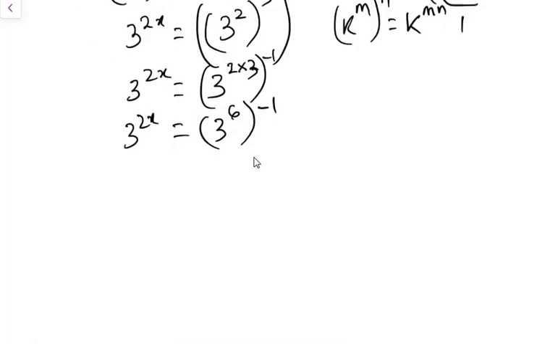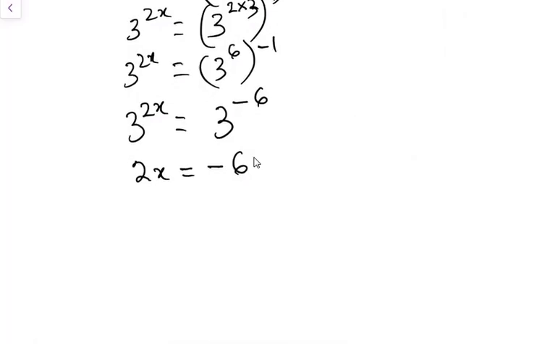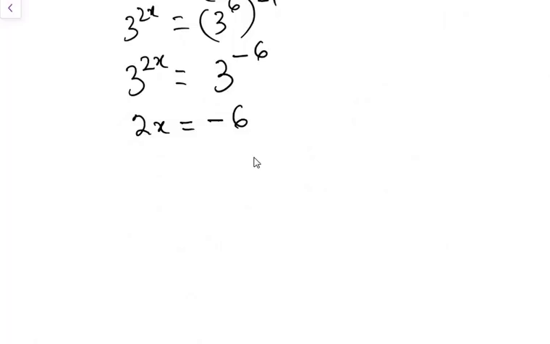We don't want to forget the minus 1. So 3 raised to the power 2x equals to 3 raised to the power minus 6. Applying that law, on both sides, 3 will cancel out, and we have 2x equals to minus 6. So based on this, we can now determine the value of x by saying divide both sides by 2.